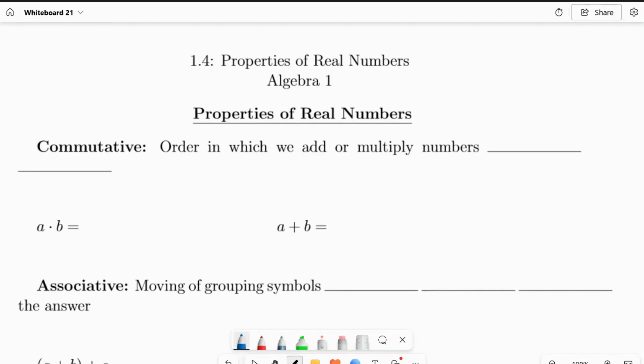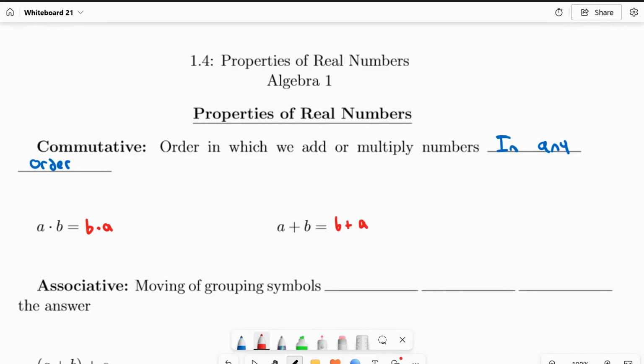So we can do this in any order. But this is only with addition and multiplication. So if we have A times B, we could also take B times A and get the same result. Similarly, with A plus B, we could take B plus A and get the same result there as well.